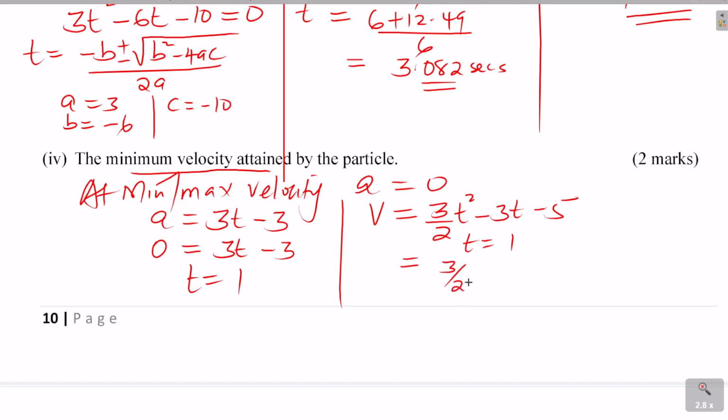So 3 over 2, just substitute where there is t, that should be 1. And this will give, when you work out this, negative 6.5 meters per second as the minimum velocity. And that is how you're supposed to solve that question.